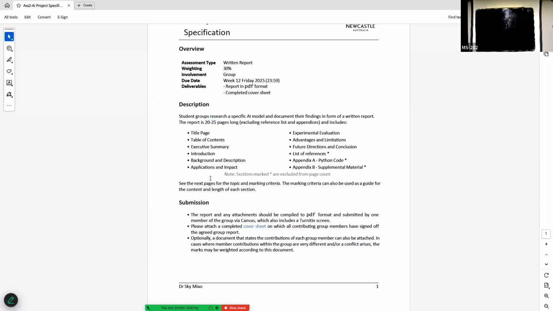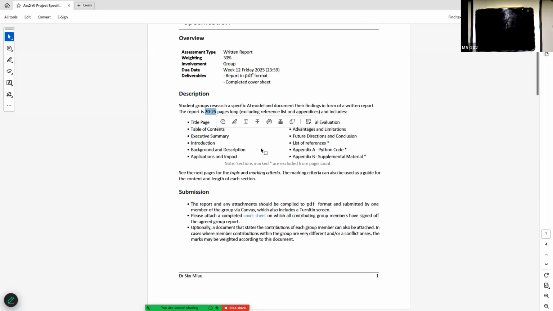For example, if your group is 2 and you have 4 weeks to complete, for two students to complete 20 to 25 pages is too much. So I would consider reducing it to 10 to 15 pages, excluding the references and appendix, of course.